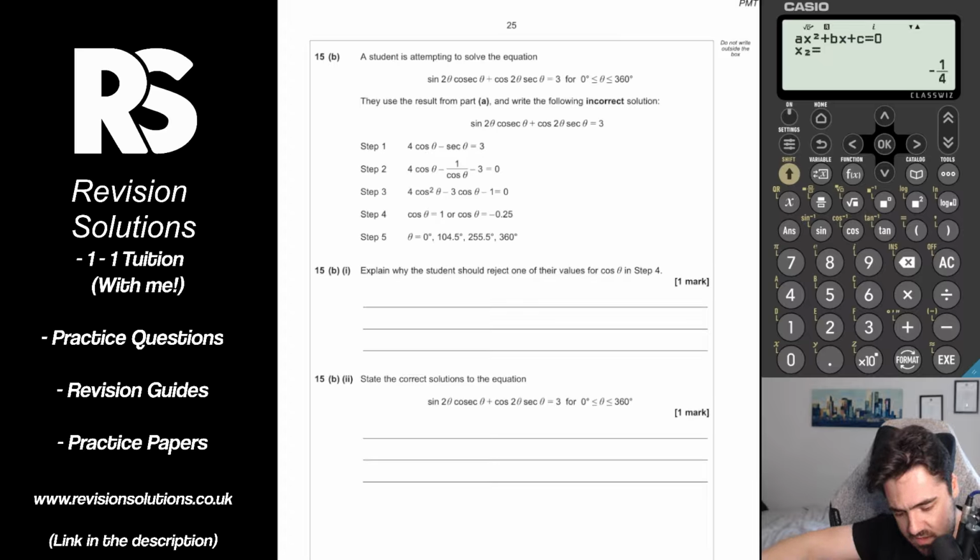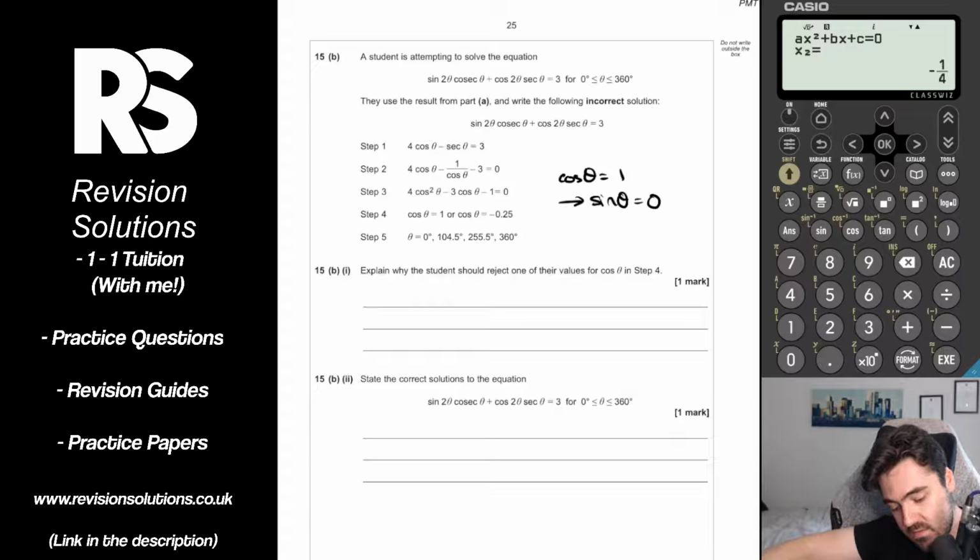So my first thing to worry about is, cosec and sec are reciprocal functions, so we have to worry about division by 0. If cos theta equals 1, that means sine theta equals 0.